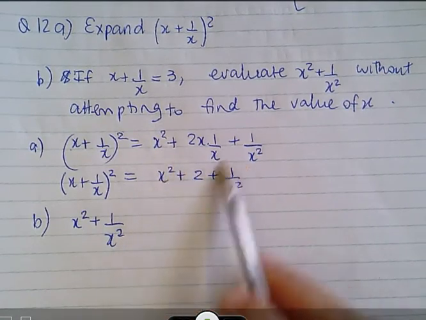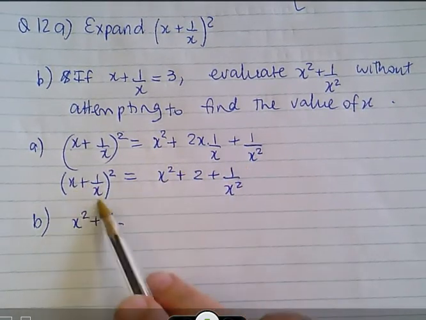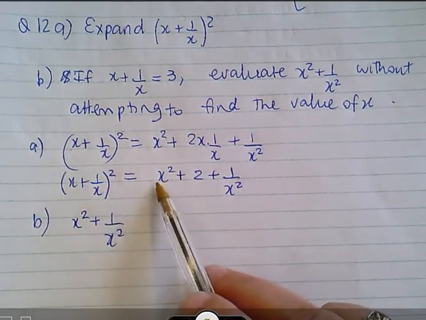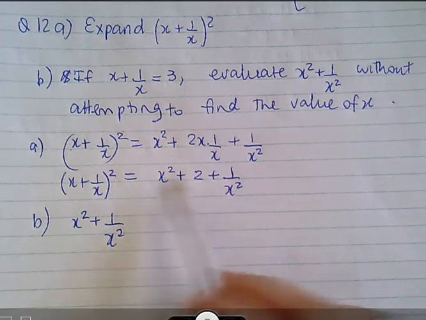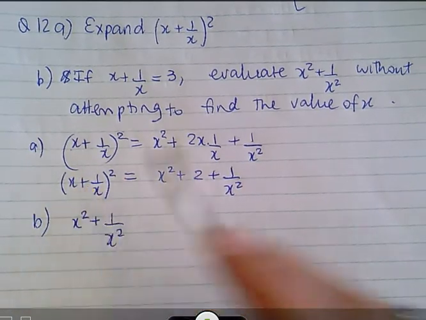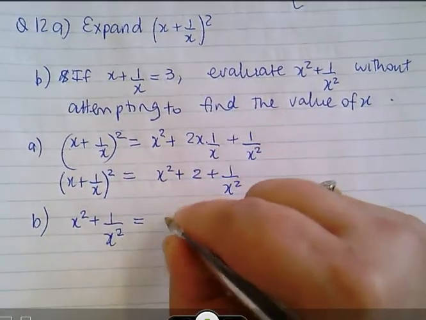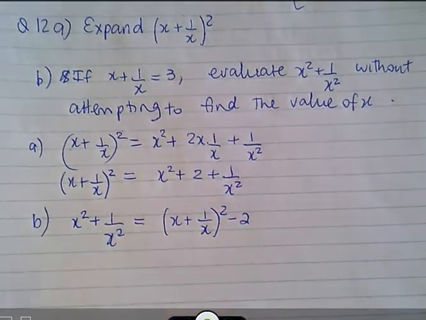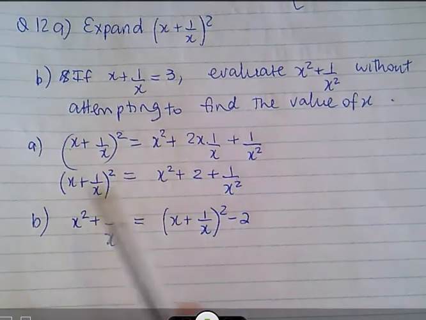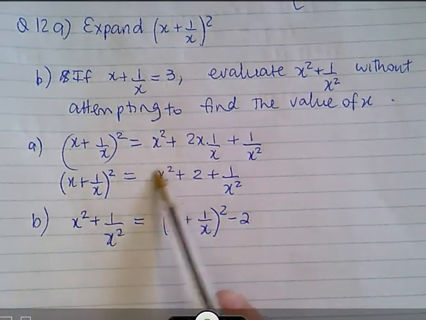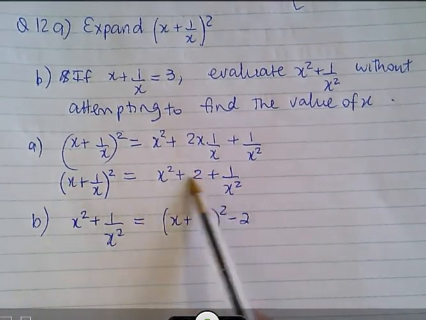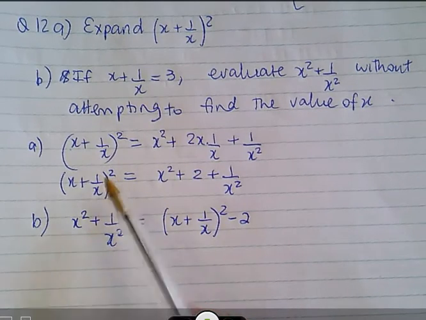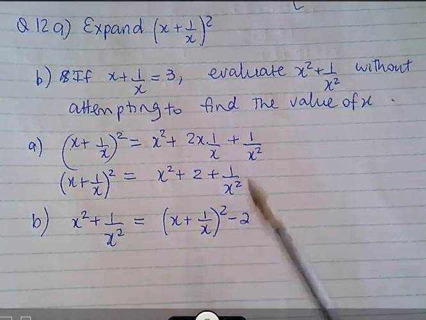So x squared plus 1 on x squared, isn't it (x plus 1 on x) all squared minus 2? Do you see that? x squared plus 1 on x squared is this left-hand side minus 2. So that equals (x plus 1 on x) all squared minus 2. Can we see that? This is my expansion. If I want to evaluate x squared plus 1 on x squared, I just take the plus 2 over, minus 2. So it's the left-hand side minus 2.